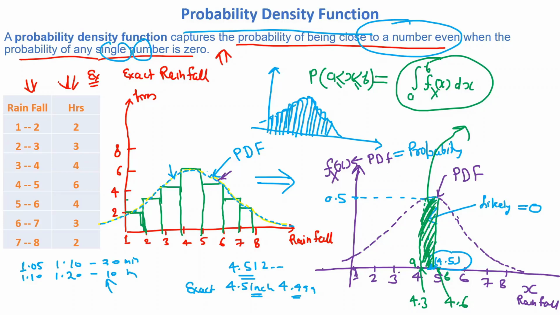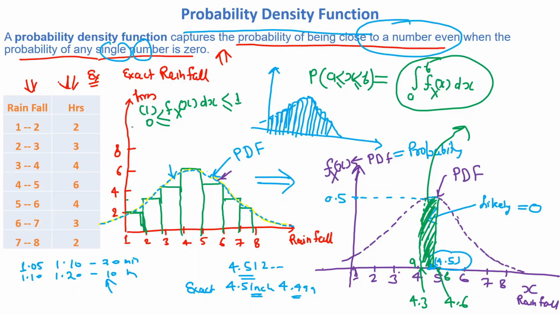So there are some properties of this PDF function. What are the properties we have? The first property is that f of x lies between 0 and 1, and this is the probability. So probability will always lie between 0 and 1.